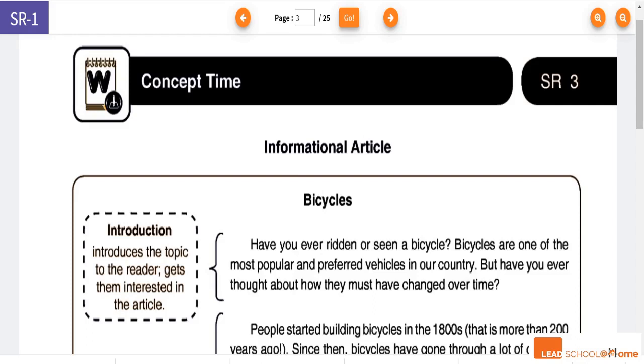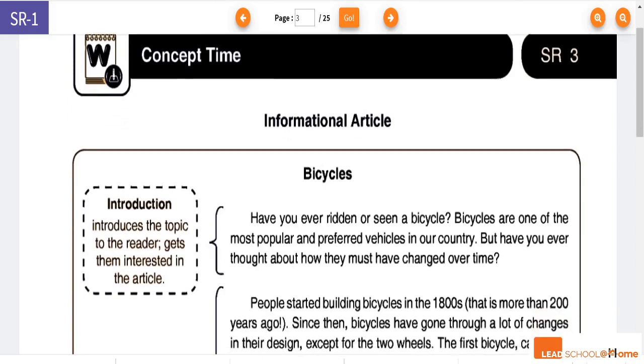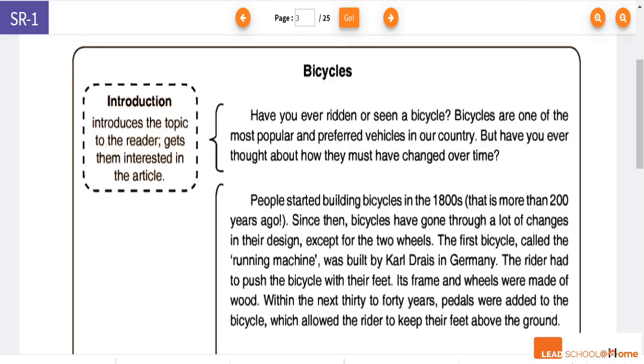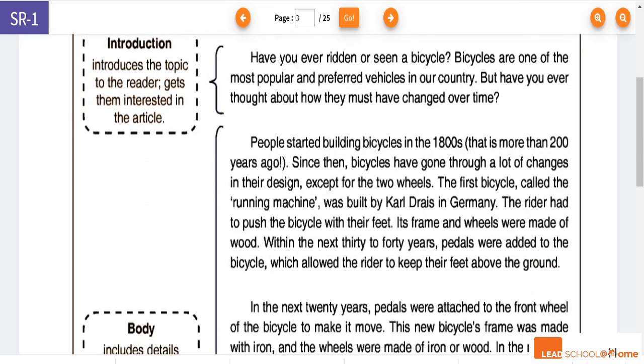Informational article. Bicycles. Have you ever ridden or seen a bicycle? Bicycles are one of the most popular and preferred vehicles in our country. But have you ever thought about how they must have changed over time? People started building bicycles in the 1800s.